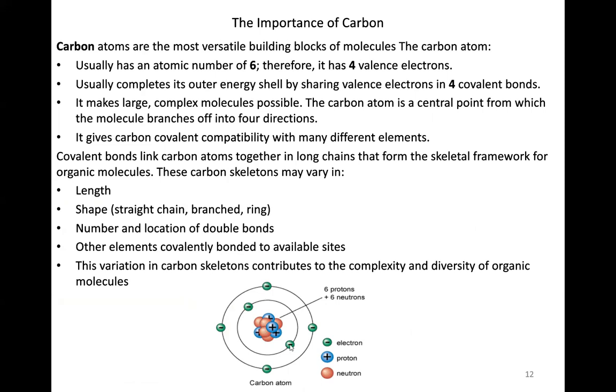It will have 6 electrons. Okay, we talked about this the other day. 2 go in the first ring, which leaves 1, 2, 3, 4 in the outside ring. Now, in this current state, is carbon satisfied? Remember, the octet rule states that we want to have how many? 8. And to get from 4 to 8, we need 4 more, right?